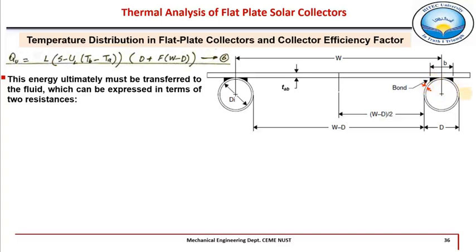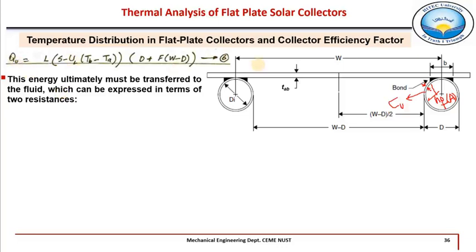Normally this pipe or tube is made of highly conductive material like copper, steel or aluminium, and also the thickness of this pipe is so small, so we can easily neglect the thermal resistance of this pipe material itself. So here we shall consider the thermal resistance of this welded bond and the convective thermal resistance of this fluid, which is given by 1 over hf into the area, right?